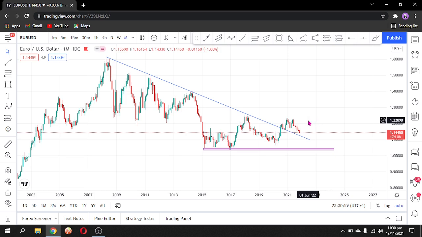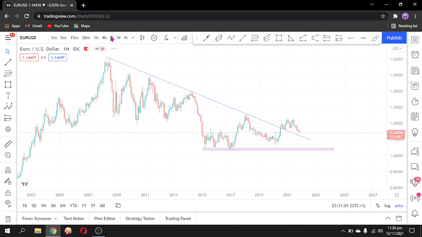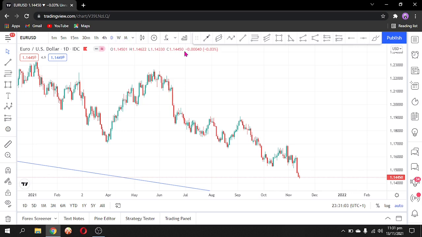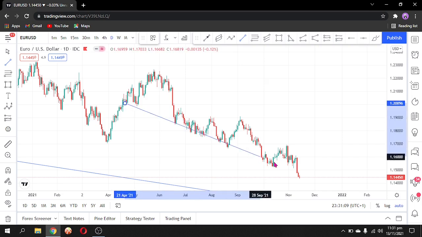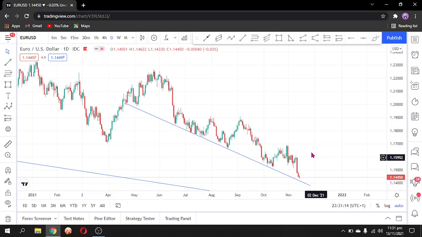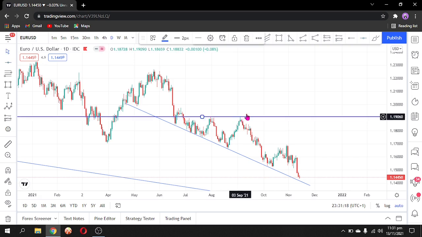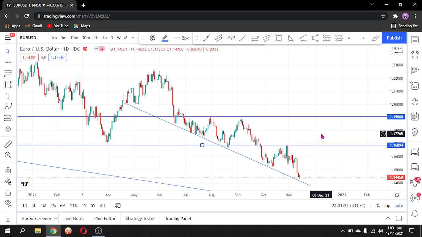If we scale back to the daily time frame, we'll find another bearish support, and then this will be a resistance, support and resistance.